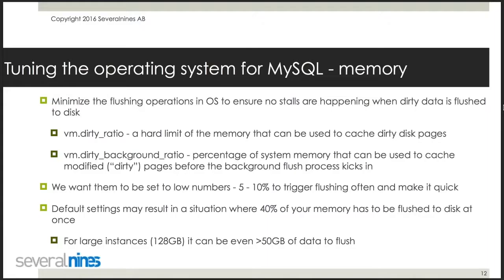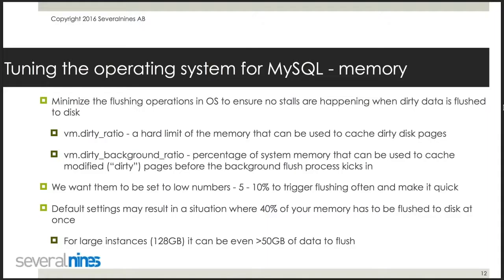This may be a problem if you have a large instance. You have 128 gigabytes of memory, for example. It theoretically means that at some point your system may decide to flush like 50 gigabytes of data to disk. And this is a lot even for quick SSD storage. So we want to avoid it.